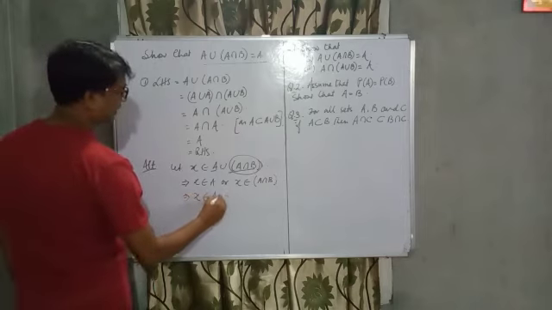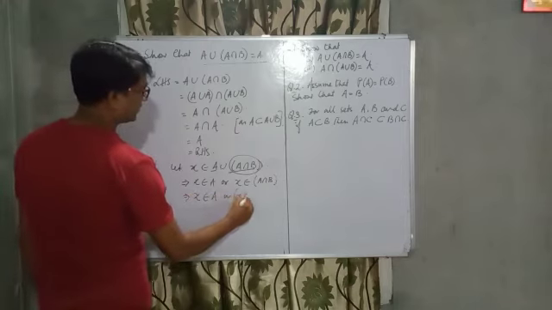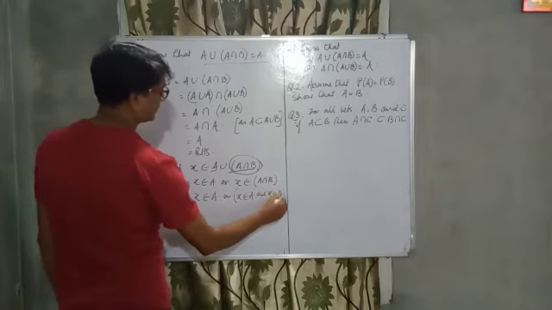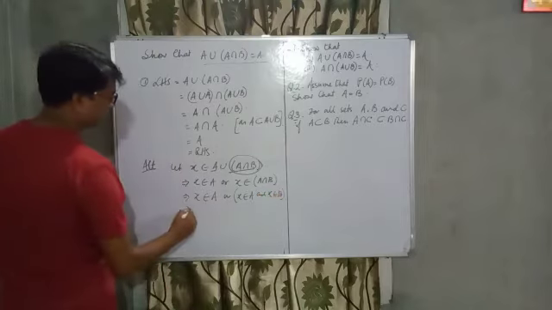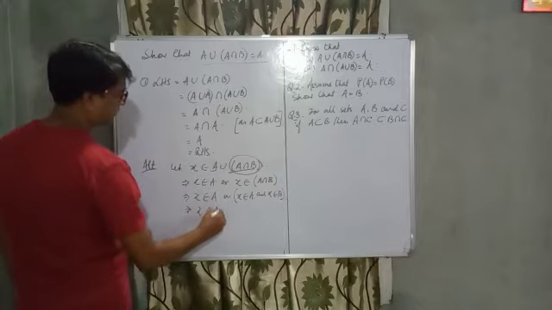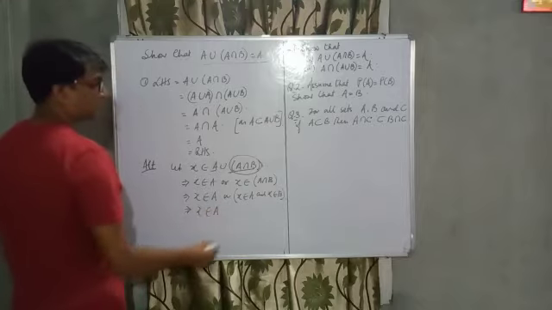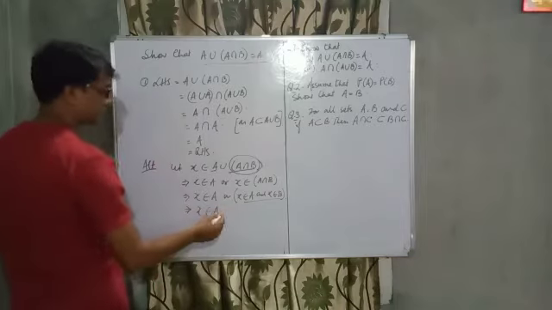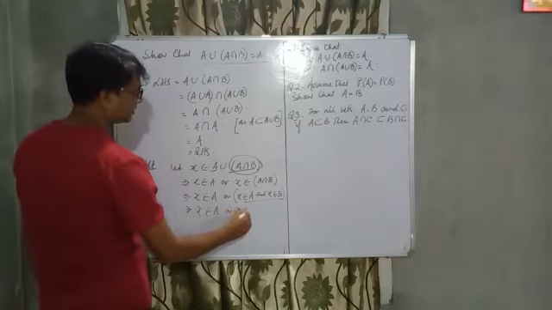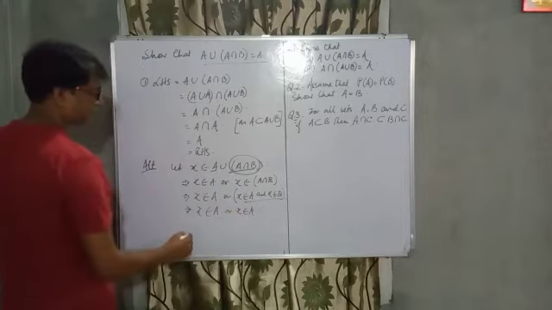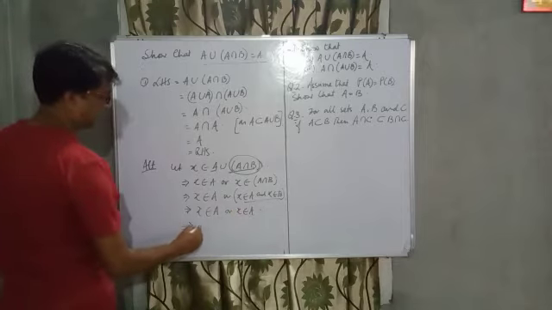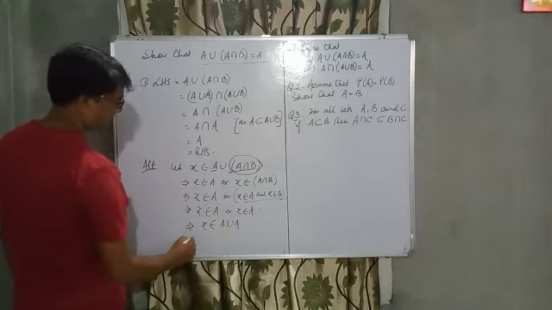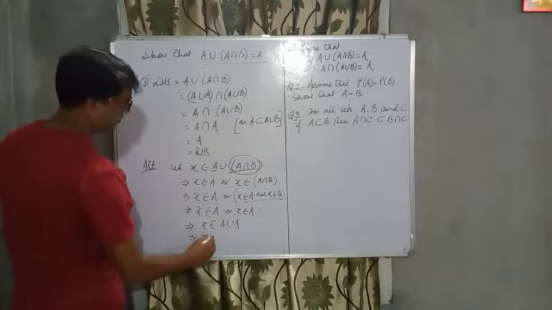X belongs to A or (X belongs to A and X belongs to B). From here what you can say, X belongs to A. This X belongs to A and X belongs to B. That means you can assume that X belongs to A also. Implies X belongs to A union A. It implies what? X belongs to A.